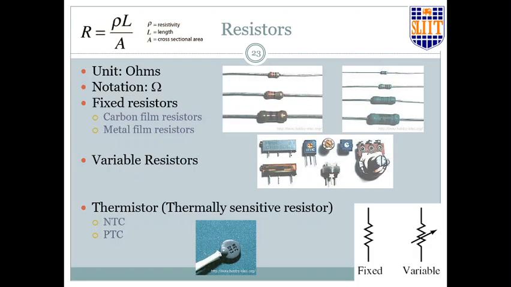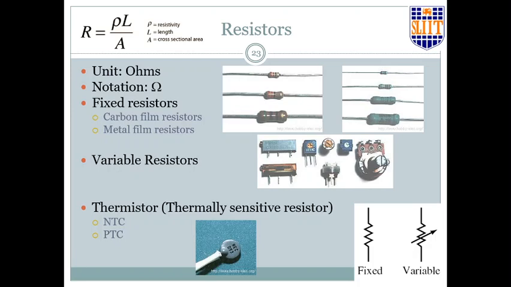So the resistance would be a low value because you have a larger cross-sectional area and the length is short. So what they do is create a spiral shape on this, so the length is large. It becomes actually a carbon spiral. Same thing for the metal film as well.